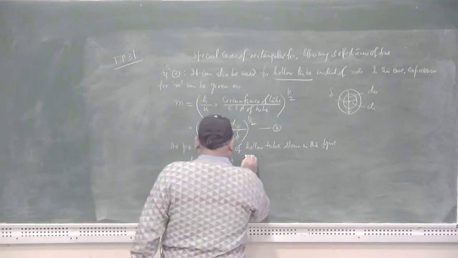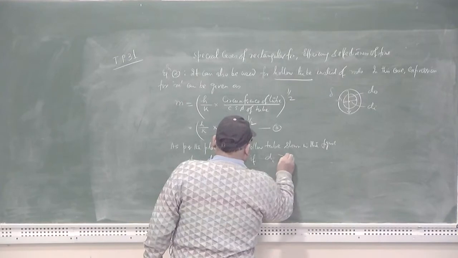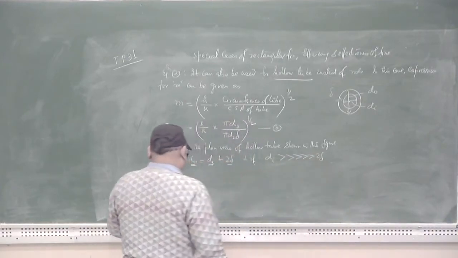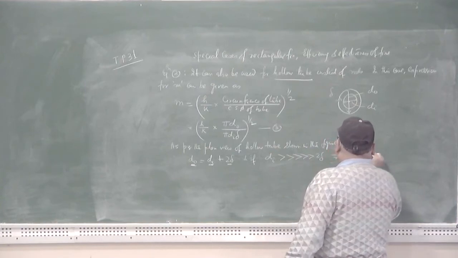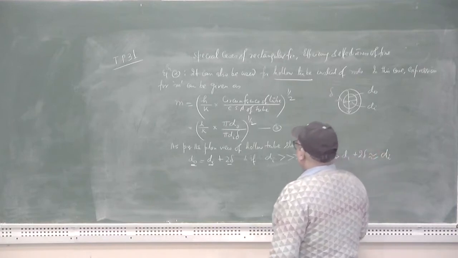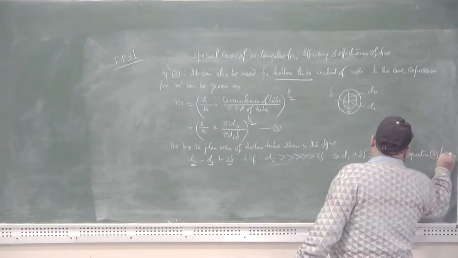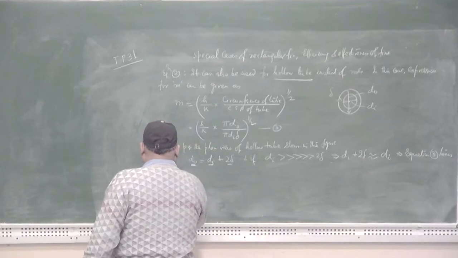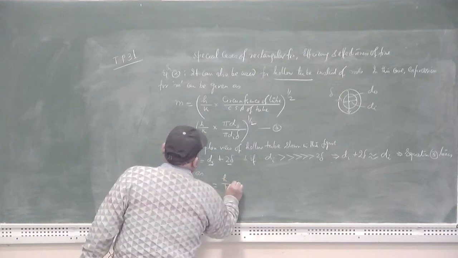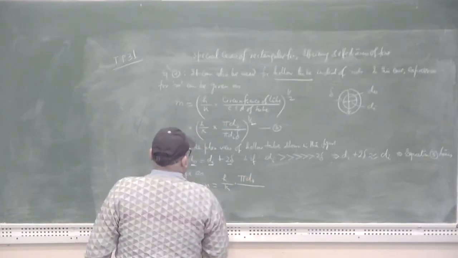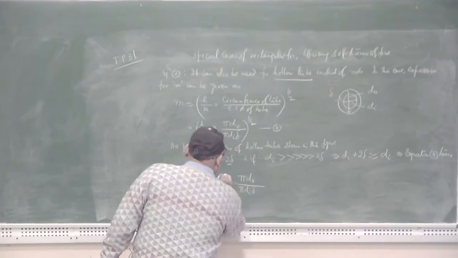And if d i is much greater than 2 delta, then d i plus 2 delta may be approximated as d i. So, equation 3 takes the shape m is equal to h upon k into pi d naught divided by pi d i delta, raised to the power half.